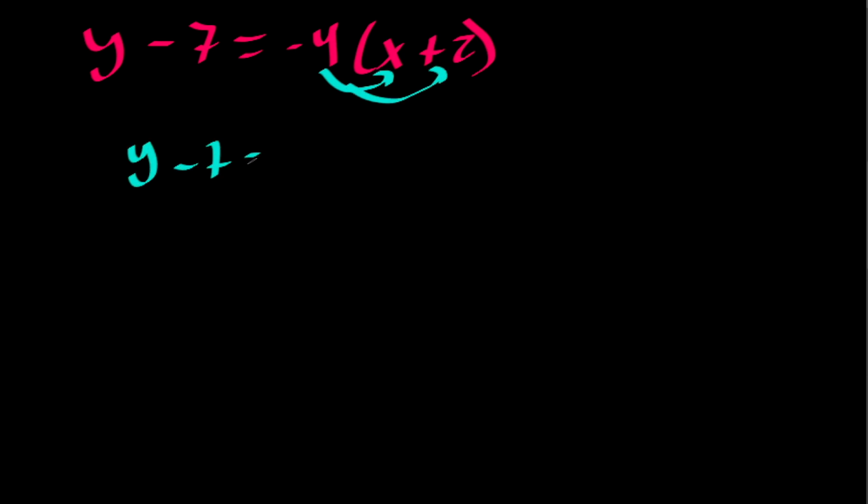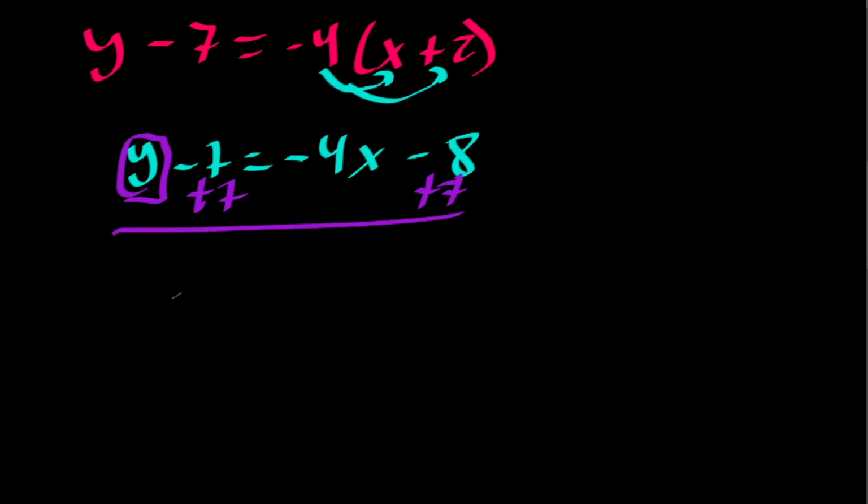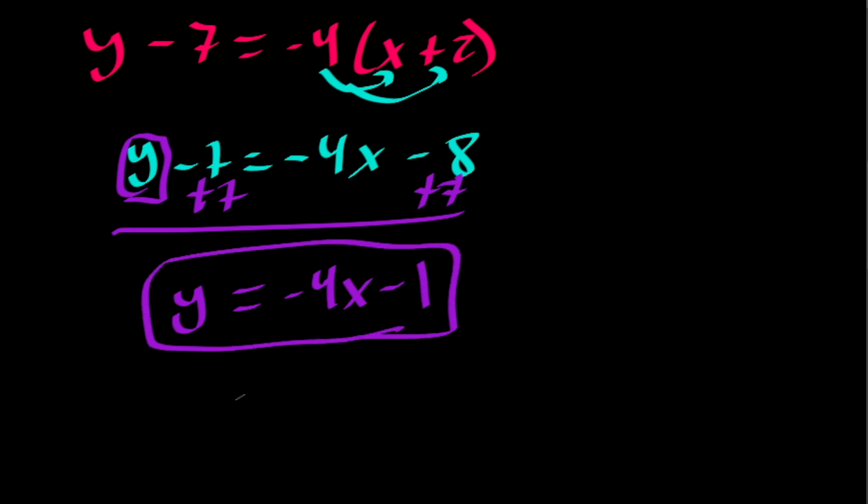So y minus 7 equals negative 4x minus 8. The last step to make this y equals mx plus b form is to isolate y. We move the minus 7 by adding 7, which gives us y equals negative 4x minus 1, and that would be our answer.